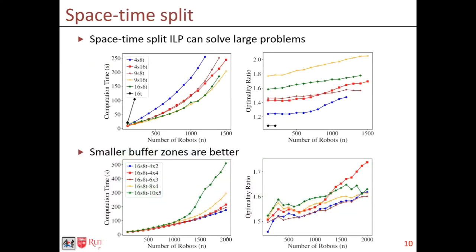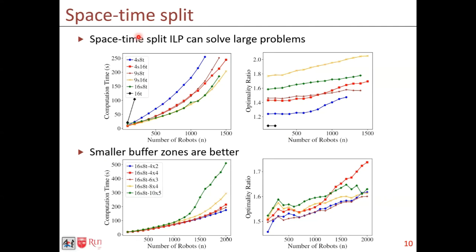Our goal is to solve much larger MRMP instances where pure time-split IRP cannot solve. We combine the time-split and space-split. The combined heuristics is called space-time split. We use combined heuristics to solve large instances. We test the combined heuristics with different speed levels on a 128 by 128 grid with 5% obstacles.